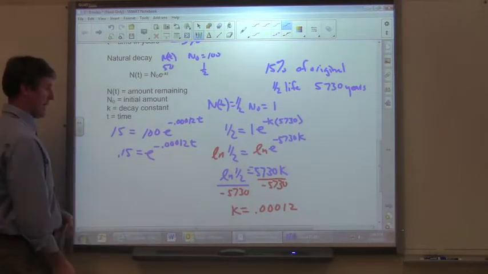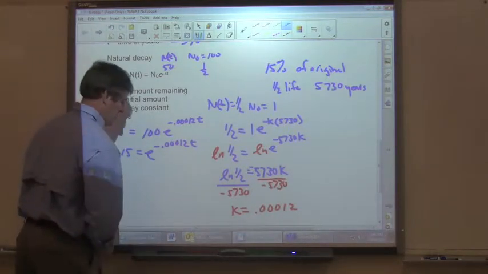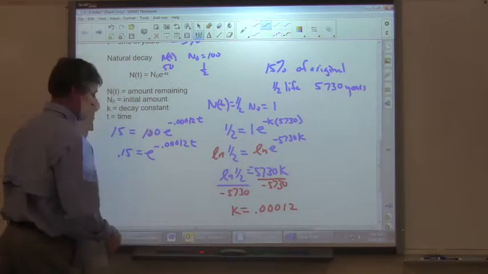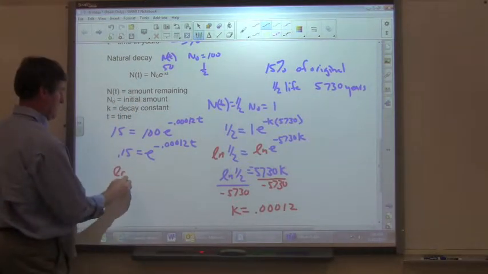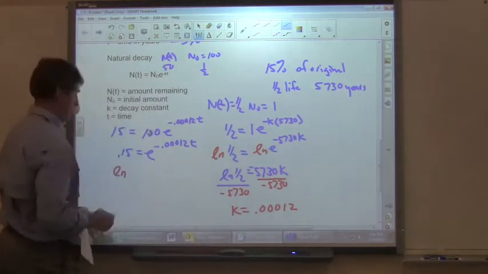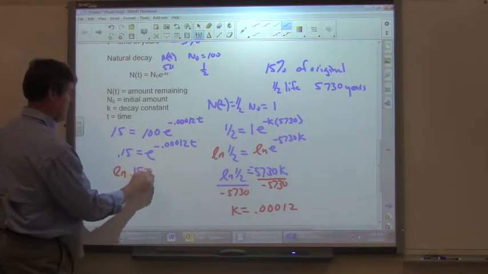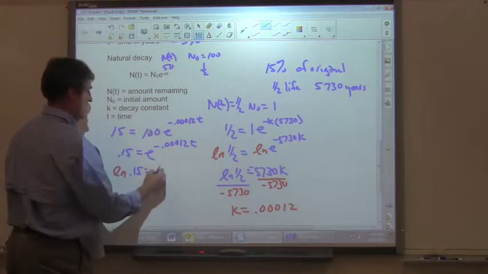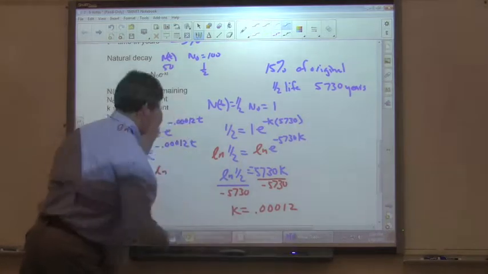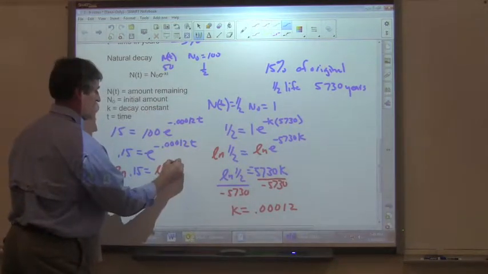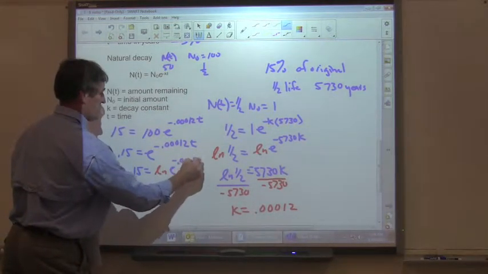Our variable's in the exponent, so we have to use logarithms. So we're just going to do ln 0.15 equals ln e to the negative 0.00012t.